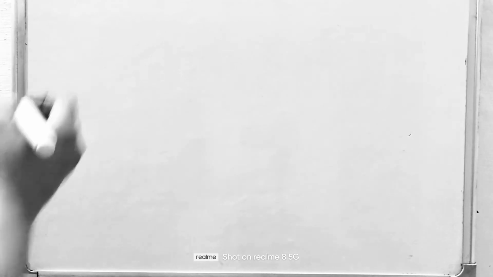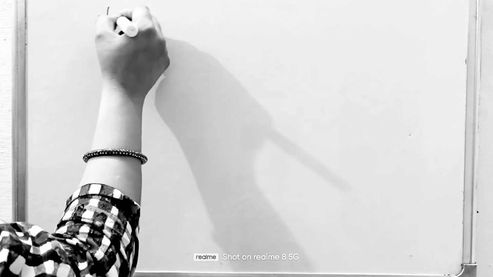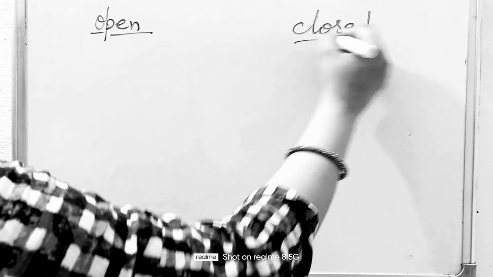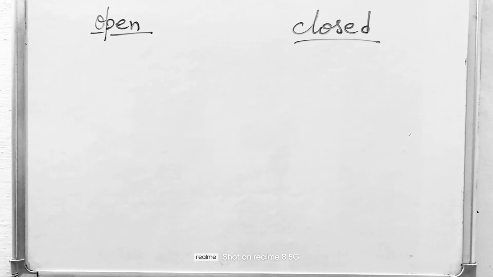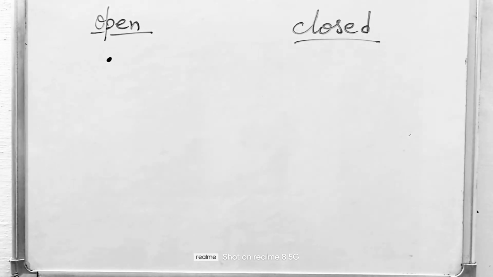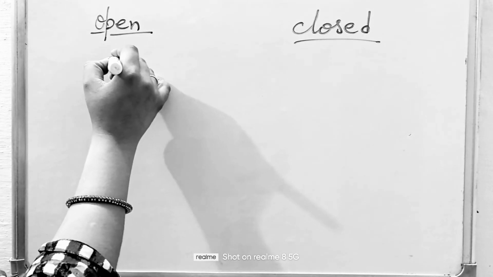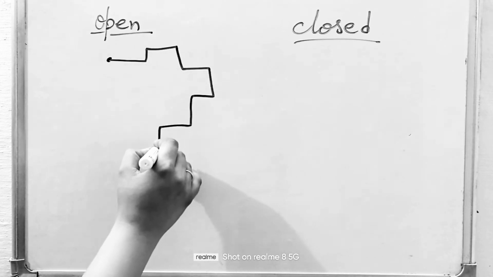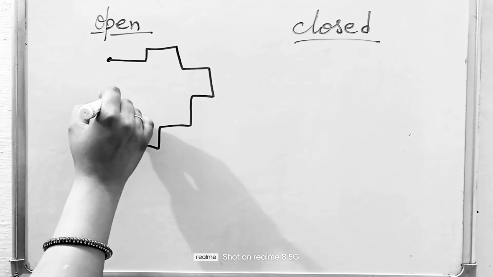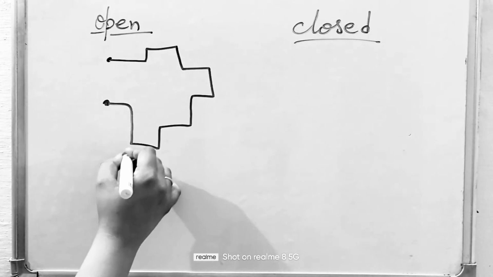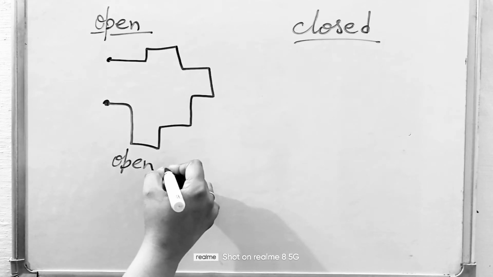Now next comes open and closed shapes. Now what are open shapes and what are closed shapes? Open shapes are those which we draw starting from one point and ends at some another point. If I am drawing this shape and I am ending it at this point, so this will become an open-ended or open shape.